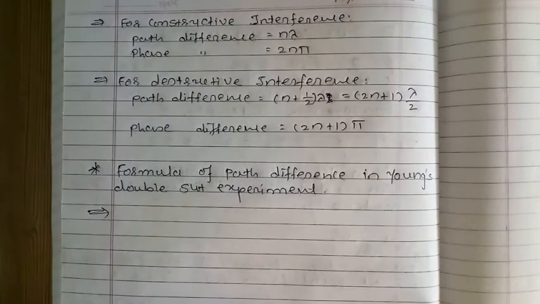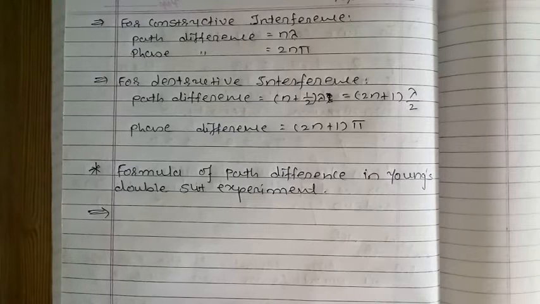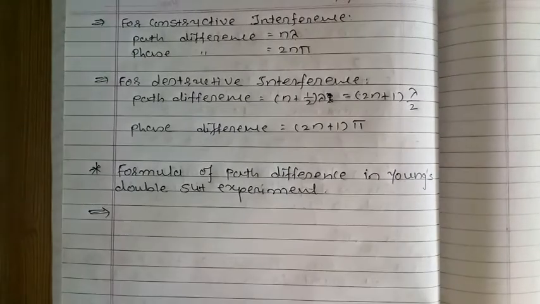Or the question is like this: prove path difference is equal to x into small d upon capital D, right? So the question is asked like this.